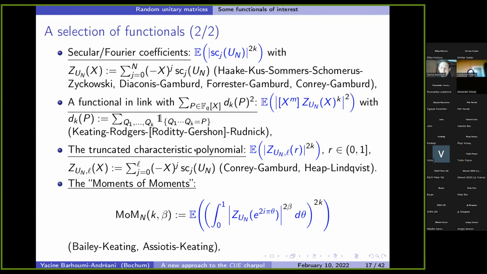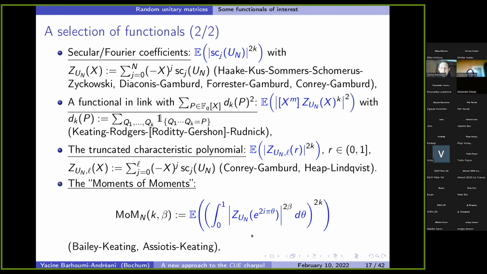You can truncate the characteristic polynomial, and here this is particularly interesting because if you take the equivalent problem on the zeta function, you have the truncated zeta function where you sum the Euler series from 1 to L, let's say. So if you have an Eulerian polynomial, then you can compute. So this is particularly interesting because you have a truncated zeta function.